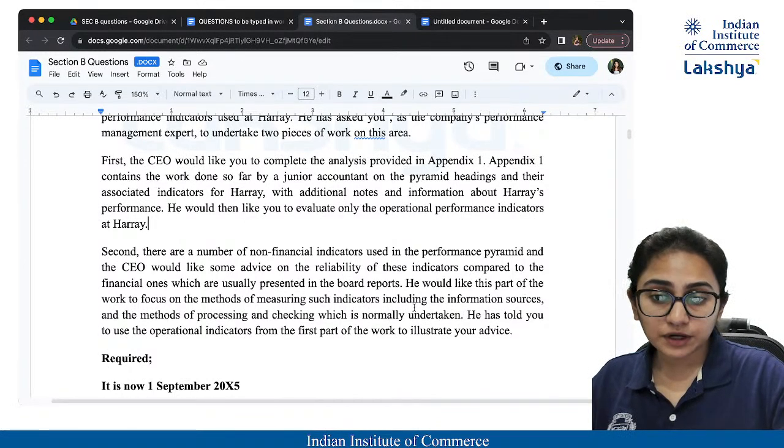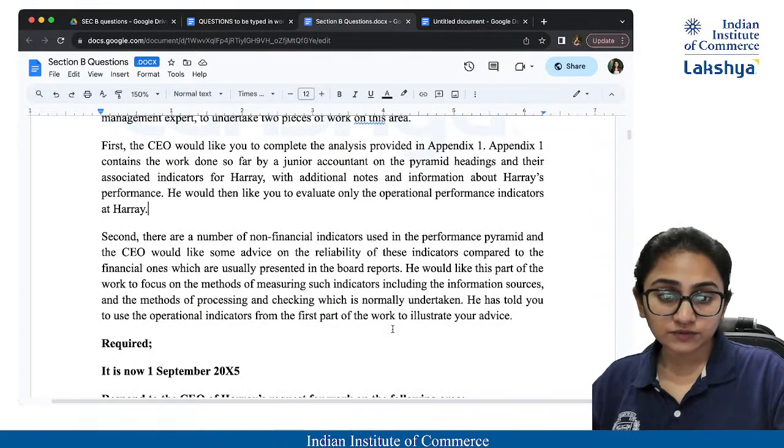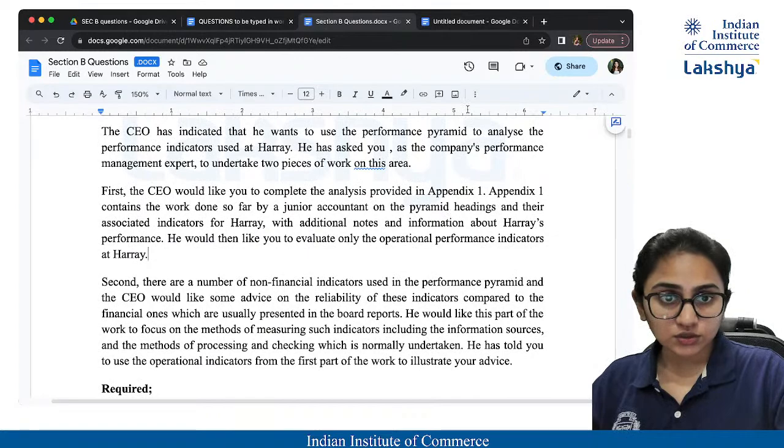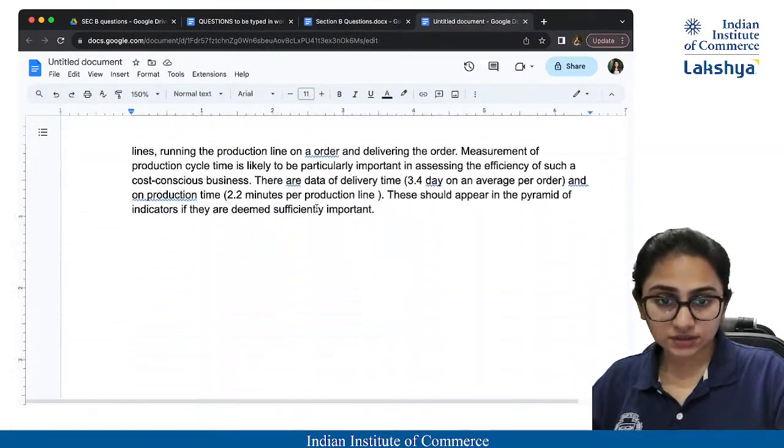He would like this part of the work to focus on methods of measuring such indicators, including the information sources and the methods of processing and checking which is normally undertaken. He has told you to use operational indicators from the first part of the work to illustrate your advice. So let's answer the second one now, that is the non-financial indicators. So that is the B part.